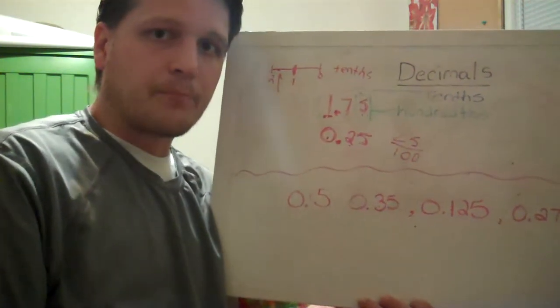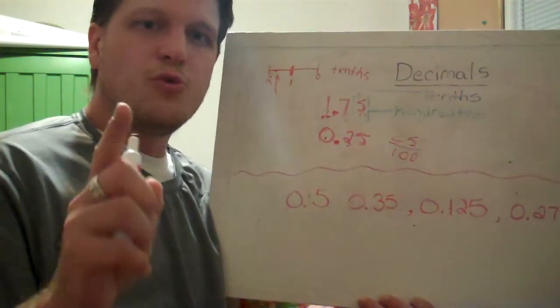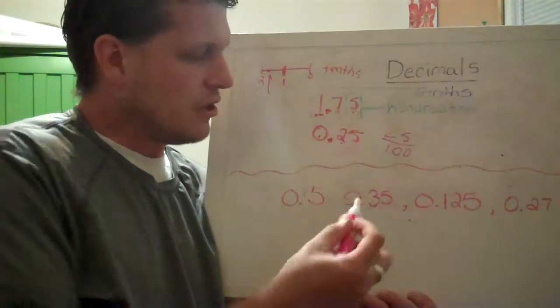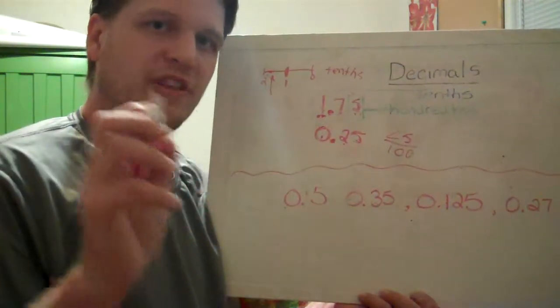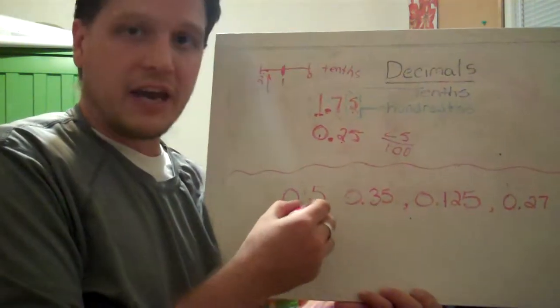Whenever you're ordering decimals, if it's a number that's less than 1, the first place value you want to look at is the tenths place, okay?